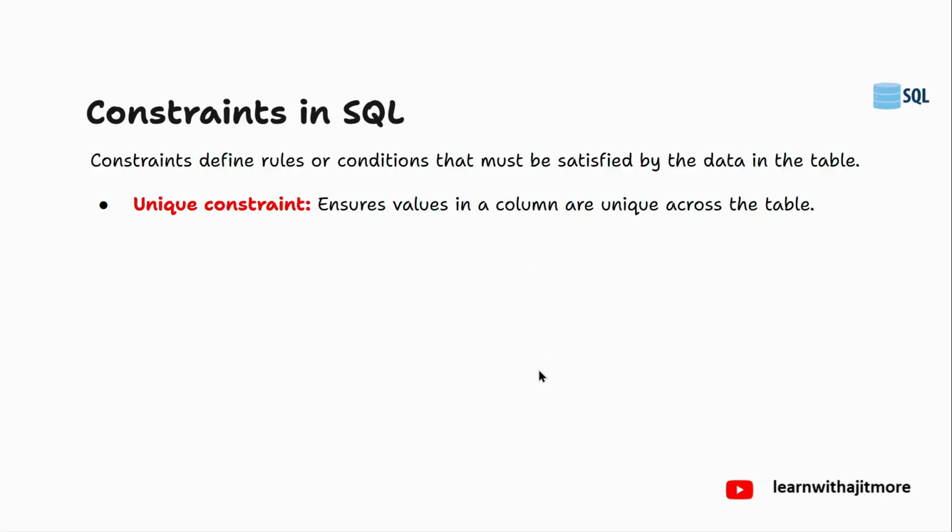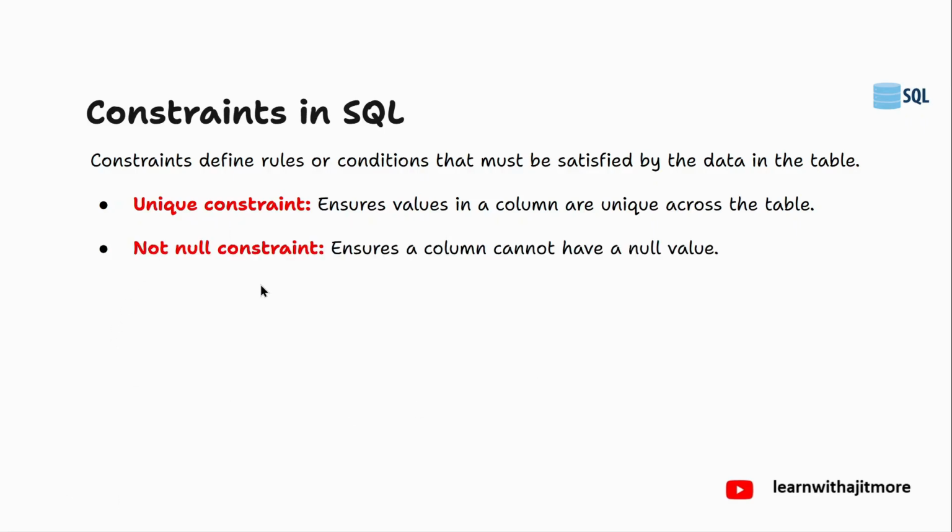All the values are distinct, no repeated value. Then not null constraint ensures that a column cannot have a null value. Null means nothing.